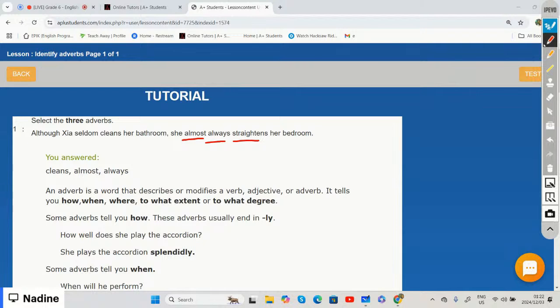Straightens is a verb, so what is another word? Always is another word.